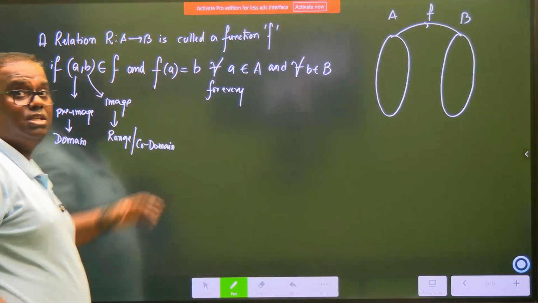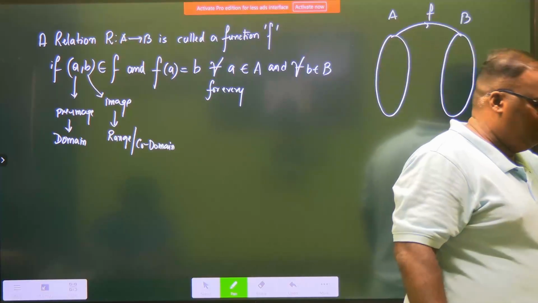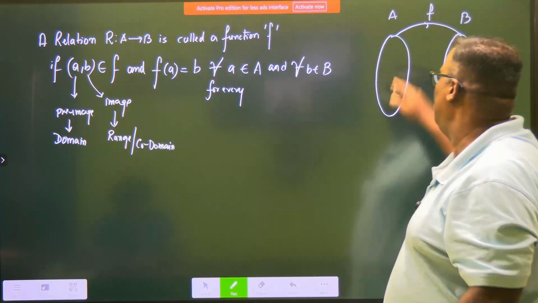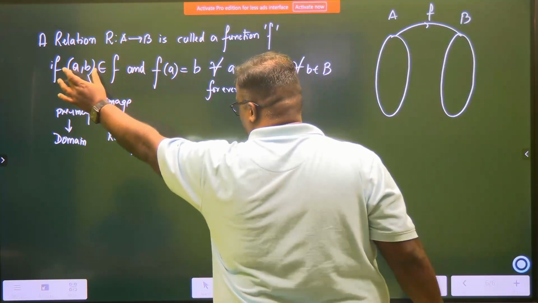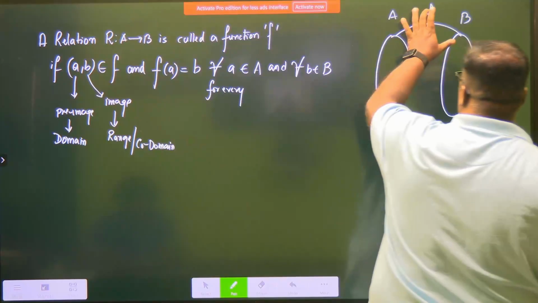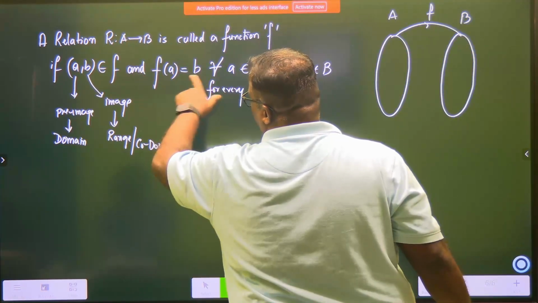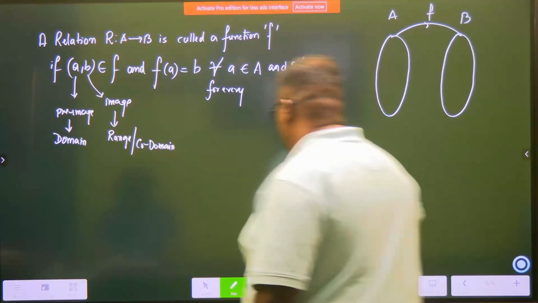Now see, this is how we write in mathematics. Pick up two sets A and B. In these A and B, there will be small elements, small a, small b. Form an ordered pair (a, b). This should belong to this function mapping and it should satisfy the criterion that f(a) is equal to b. Let me give an example.